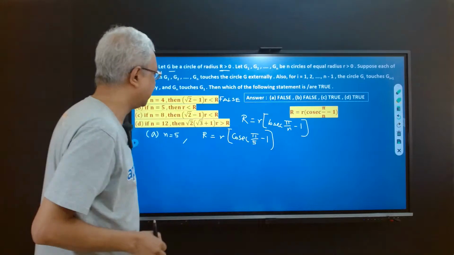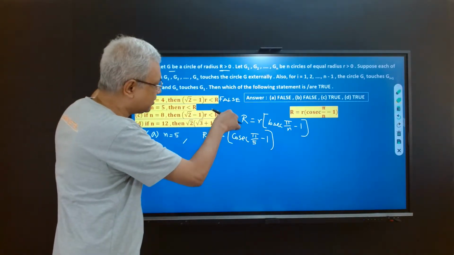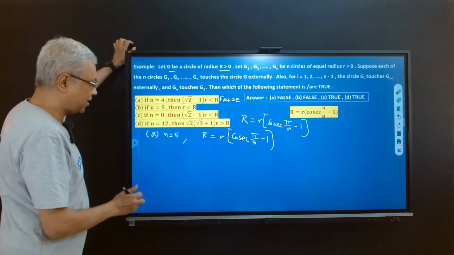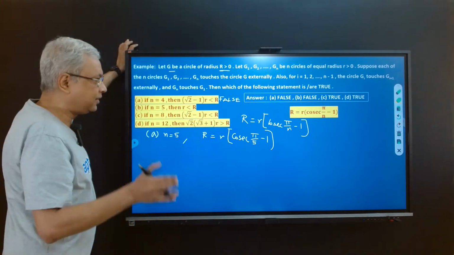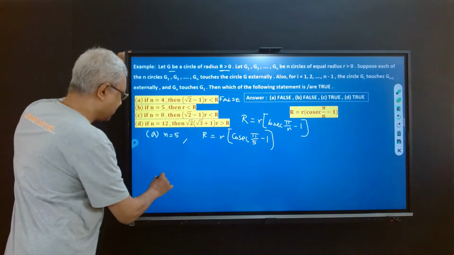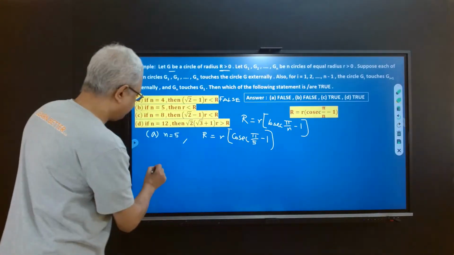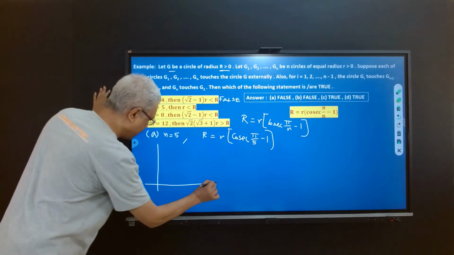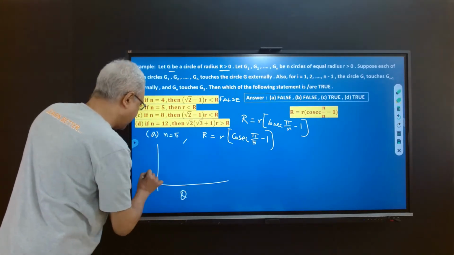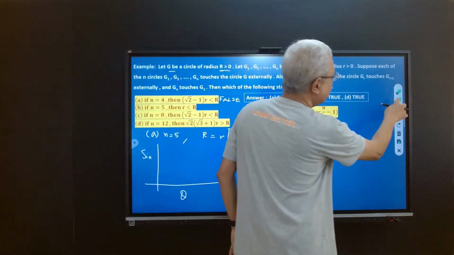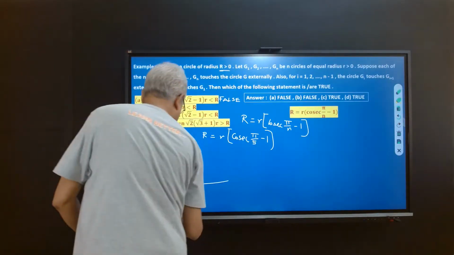How can we take up this problem? Here I will use a little knowledge of trigonometry. See, if any angle theta is acute, if this is theta and sine theta, call it x, don't confuse with theta. So call it x.